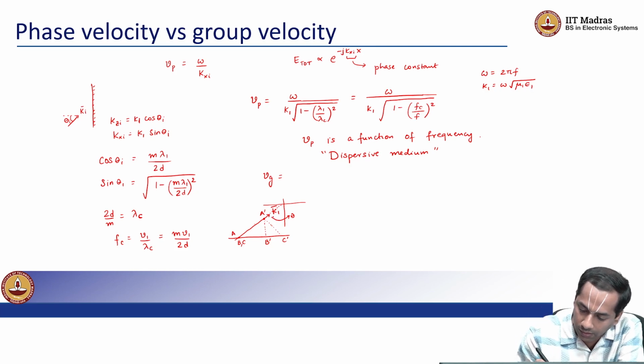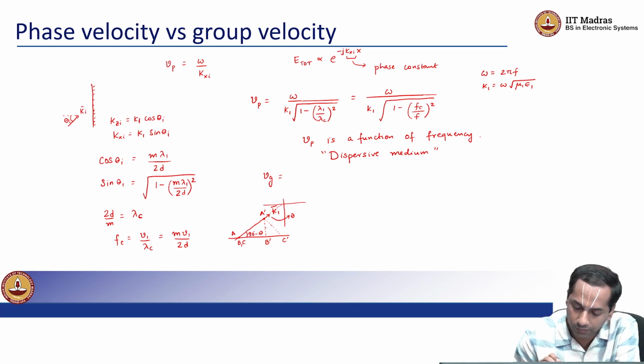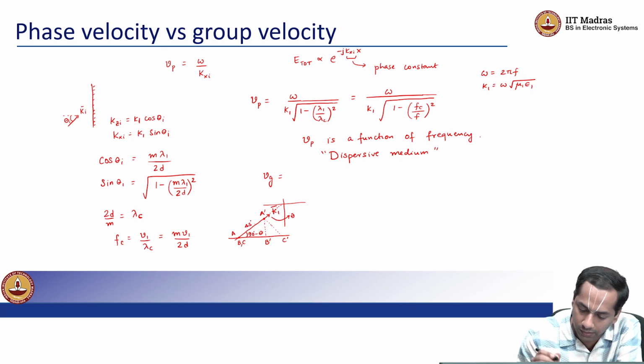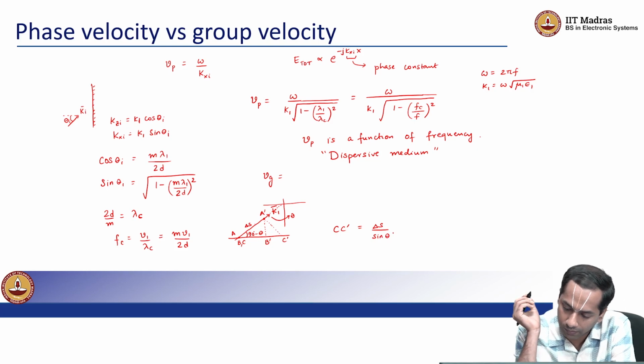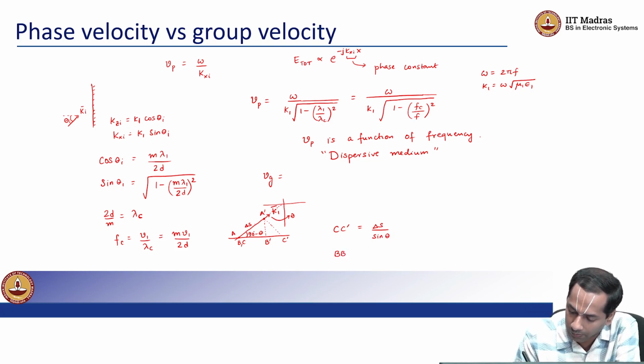So if this is your 90 minus theta, and let's say that this is some delta S, we notice that CC prime is essentially delta S by sine theta, and BB prime is delta S times sine theta.